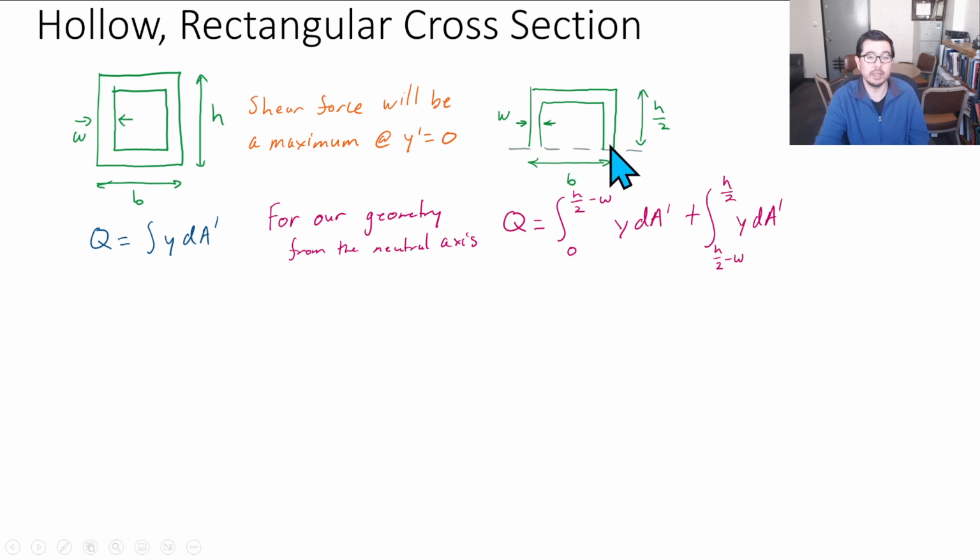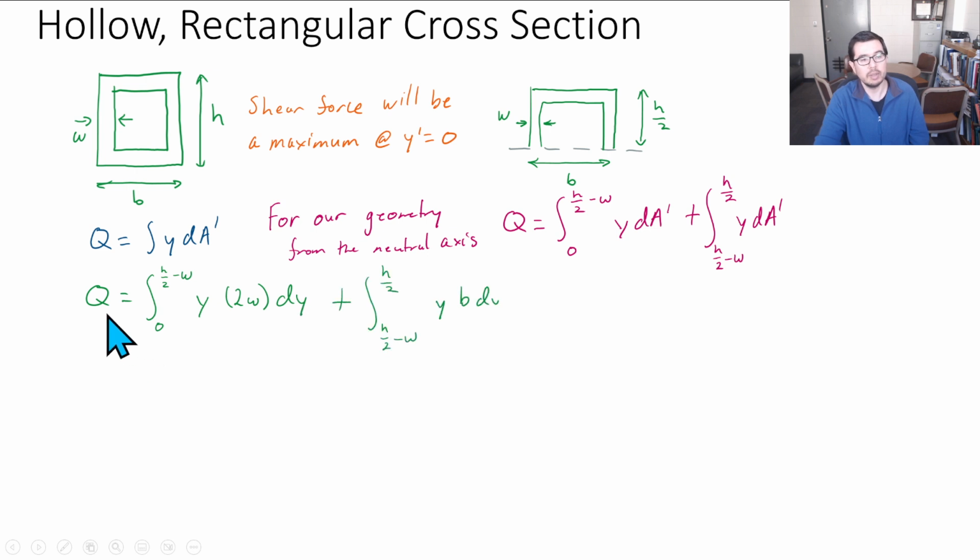They have different t's. So now we can write out that Q is equal to this integral plus this integral. These are dA primes, which are different. 2w dy describes this profile, whereas b describes the width of the profile, I should say, above this h over 2 minus w.